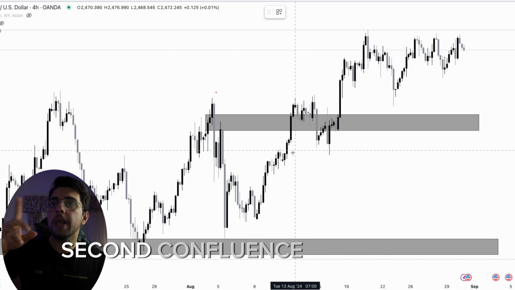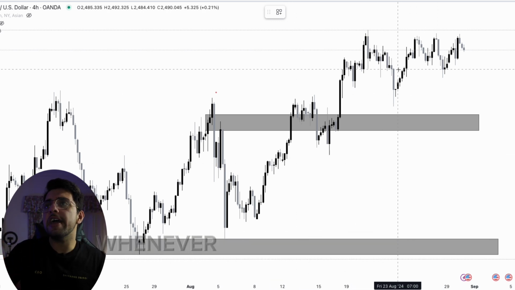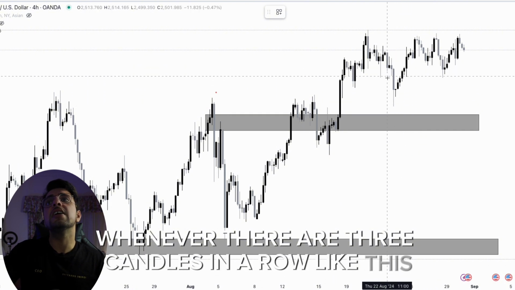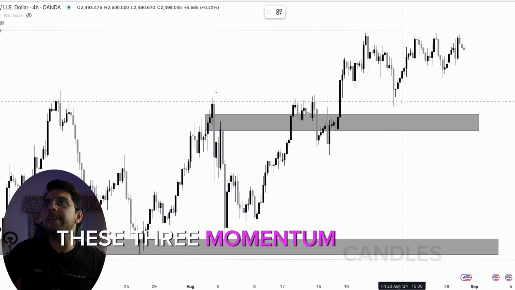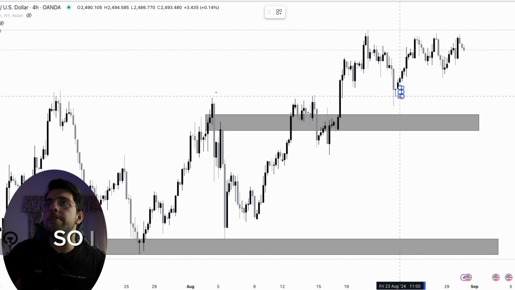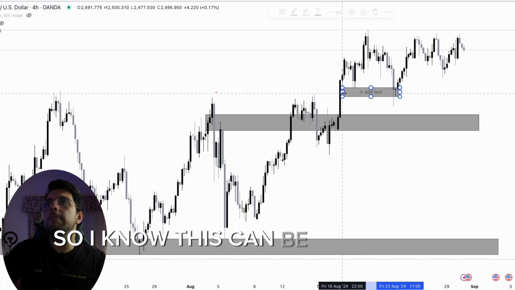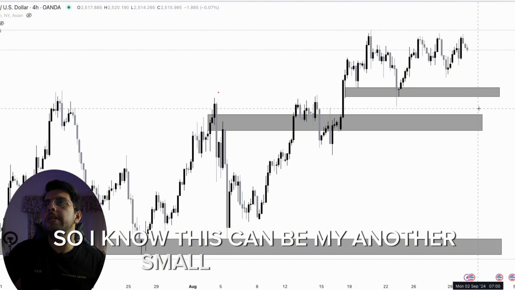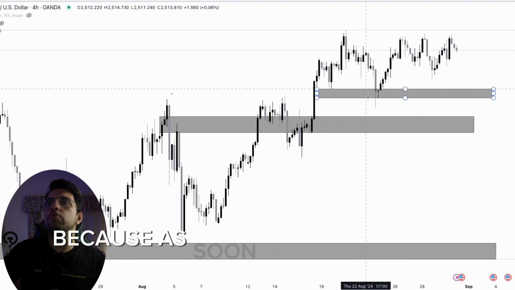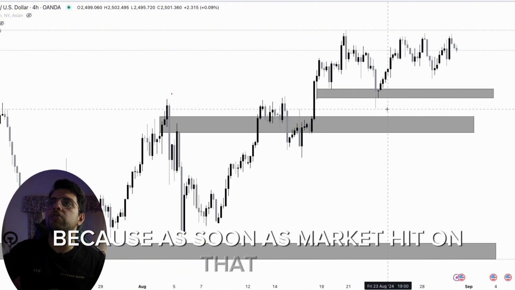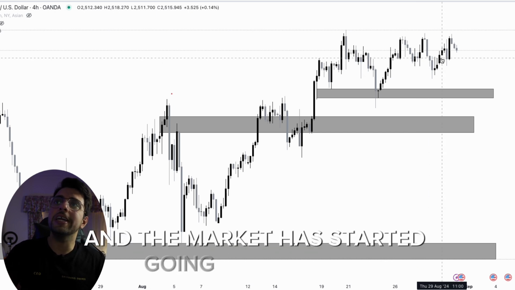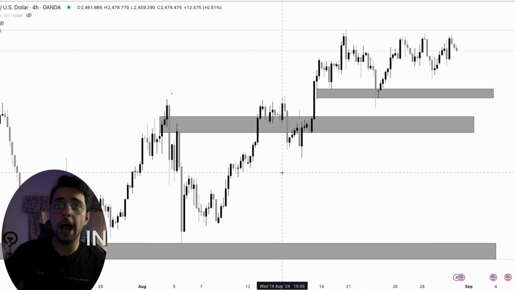Second confluence, I always see whenever there are three candles in a row like this, these three momentum candles, I know this can be my another small demand zone, because as soon as the market hit that zone, the buyers were sitting and the market started going up in the uptrend.